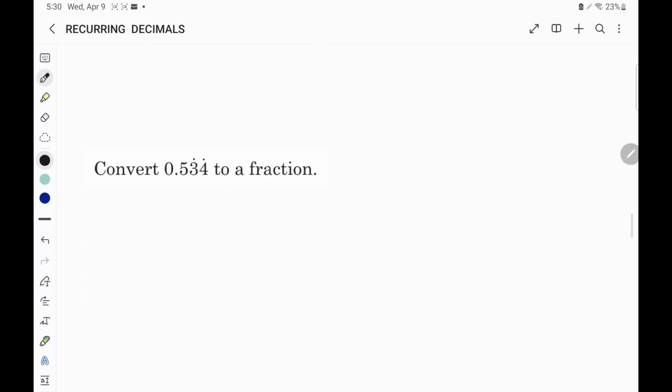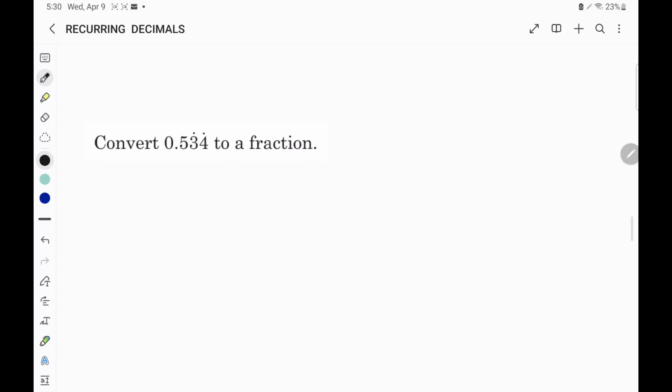For example, you can see 0.534. 0.534 means 0.5343434, where 5 is not the number which is repeating in this question. All right, so in this question, how do we do it? If you understand this one, then you will understand the others as well.